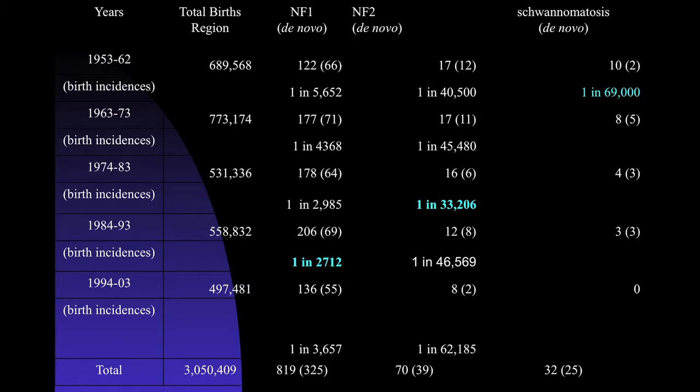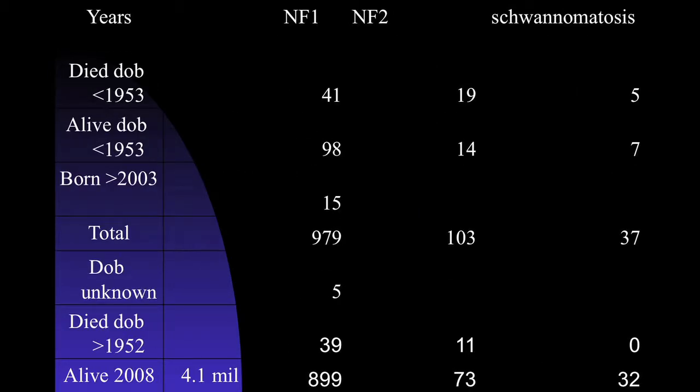So this is what we get from mapping these on to the population: 1 in 2,700 for NF1, 1 in 33,000 for NF2, and 1 in 69,000 for schwannomatosis. And that is based on 899 living NF1 patients, 73 living NF2 patients, and 32 living schwannomatosis patients in our region.